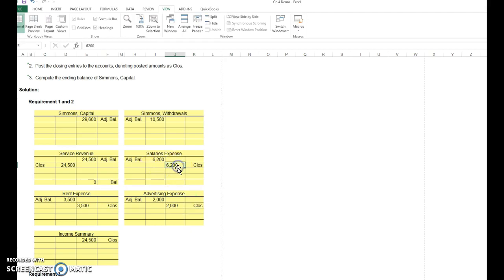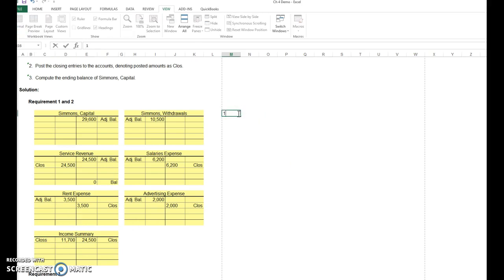And if I click here, hold down my control button and click all 3 of those, and you guys can't see it, but down here it does tell me that equals 11,700. So if I credit these and they total 11,700, I have to debit income summary.